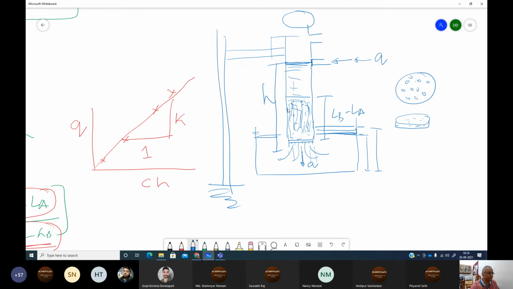We'll see more Q accumulated. So that gives me the second data. Then we stop both of them again and make another one. So we repeat basically 3 times, and then we get 3 data points. One here, one here, one here. Then we draw the line and find out.